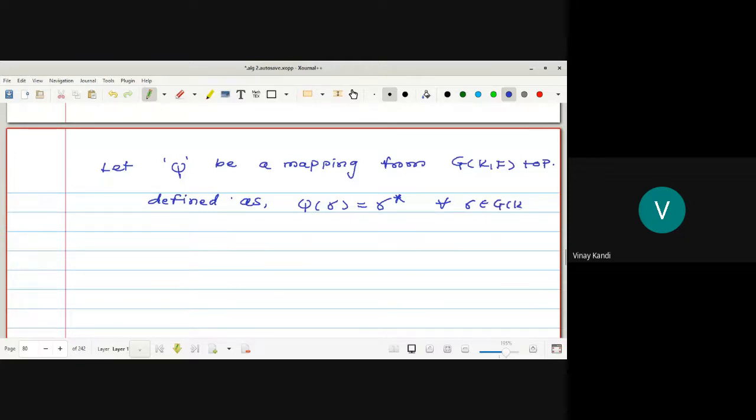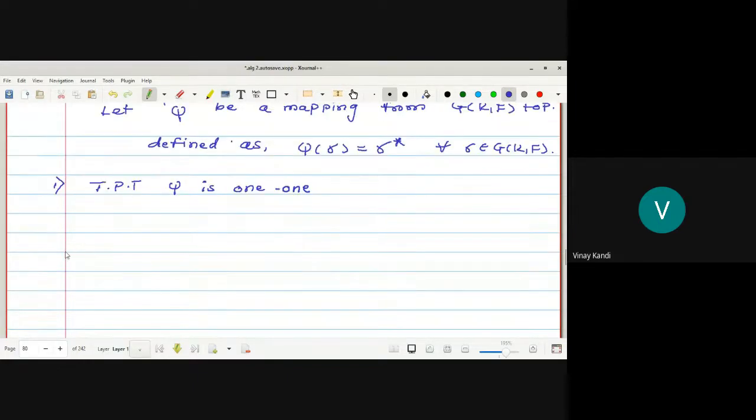Now, in the first step, if you have to show this isomorphism, you have to prove that this psi is one-one. What is the procedure to show one-oneness?